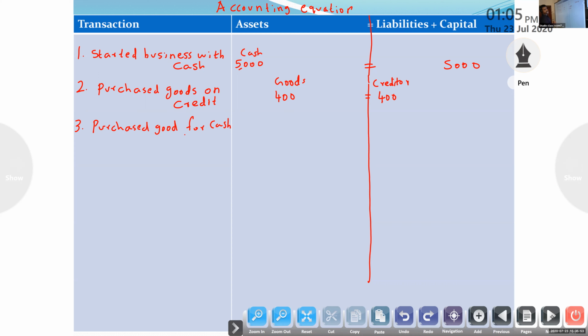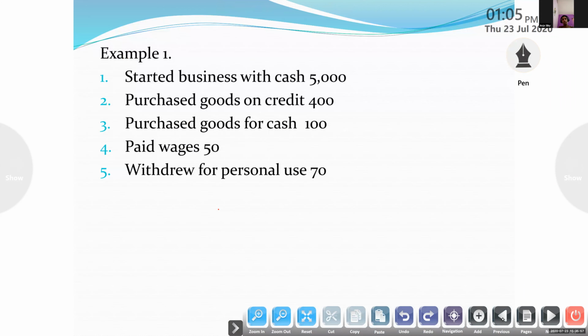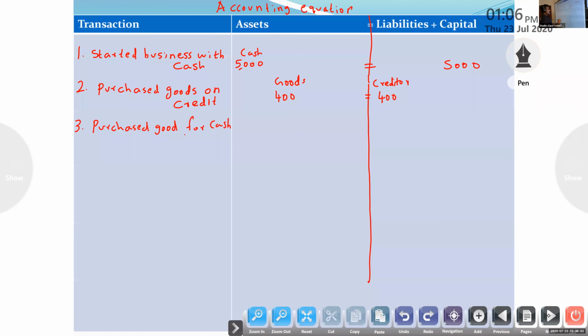Assets, cash, any change? Minus cash. So 100, that will be cash, purchased, so it is minus. Then what will we get? Plus goods. Goods 100 is equal to 0 because we purchased goods for cash.